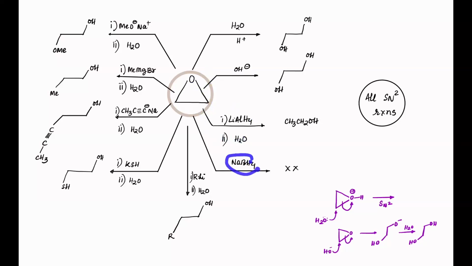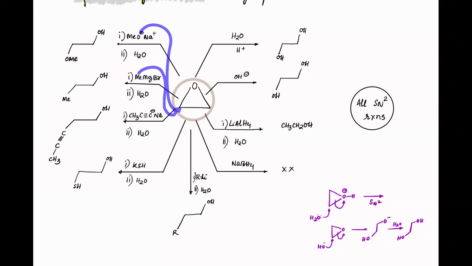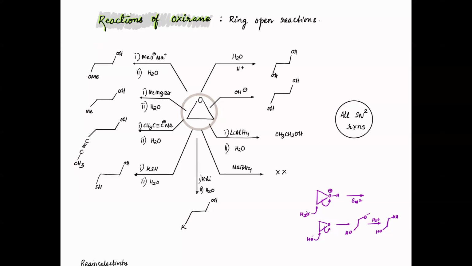NaBH4, although it could have reacted, the reaction is very slow, so you will not usually take it for NaBH4. RLi, very strong reaction, same problem. SH minus, strong reaction. The acetylide C triple bond C minus is a strong nucleophile, MeMgBr strong nucleophile, MeO minus strong nucleophile. All of them will attack. On the other side, we'll get OH. Clear? This is the ring opening reaction for oxiranes, everybody.